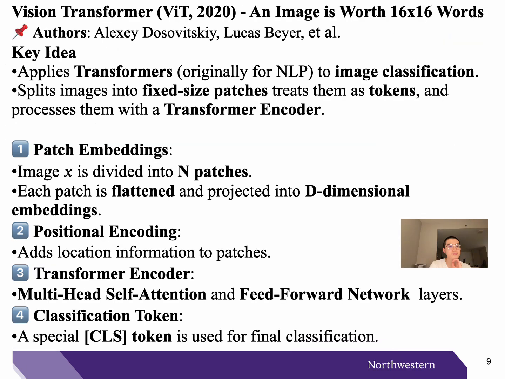Okay, let's move on. And this one is the vision transformer. It can be understood as an algorithm that can compute the relationship between all pixels. A more accurate way to say it is not the pixels, it's patches. It divides the image into n patches, and each patch is reshaped and projected into a d-dimensional embedding.